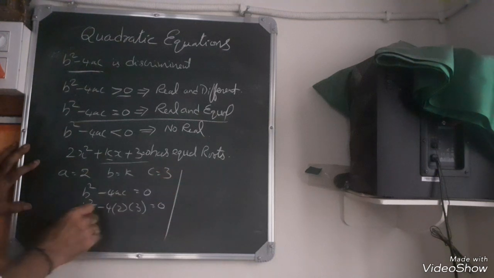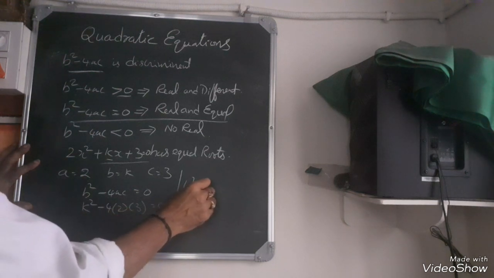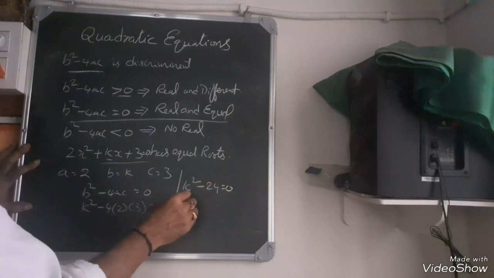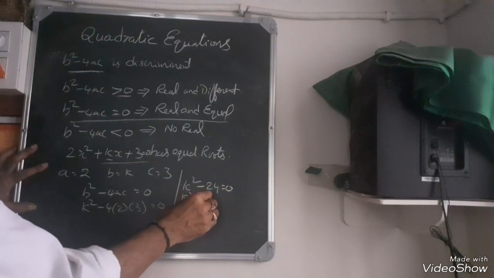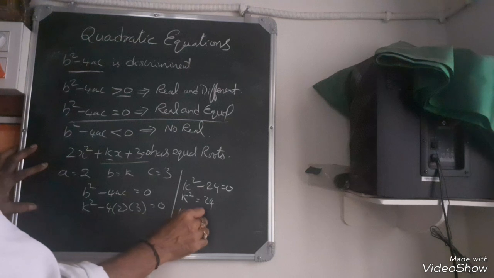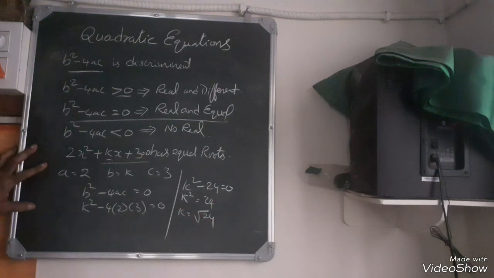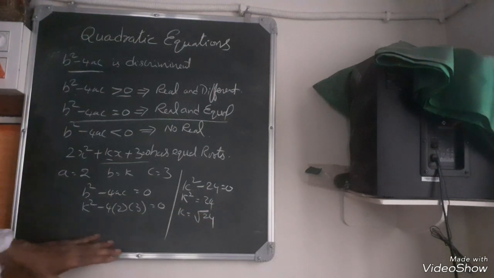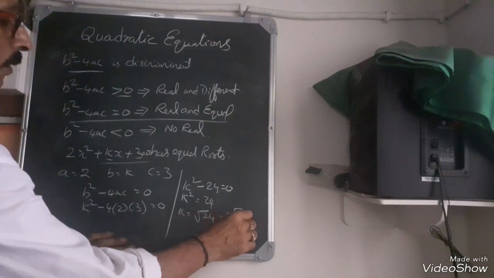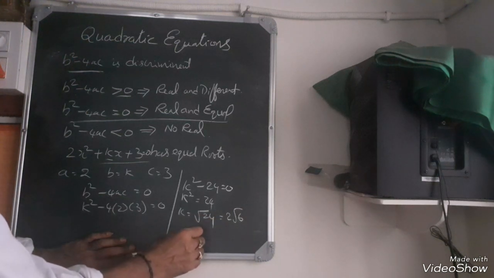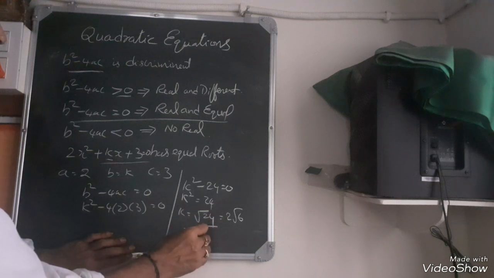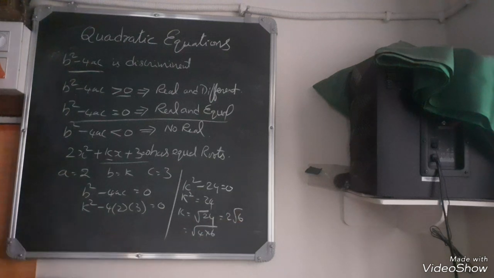So we get k square equals 4 into 2, 8, into 3, 24. So k square equal to plus 24. k equal to square root of 24, or you can write 2 root 6. You know how? Root 24 you can write as 4 into 6, square root of 4 is 2. So 2 root 6 is the value of k.